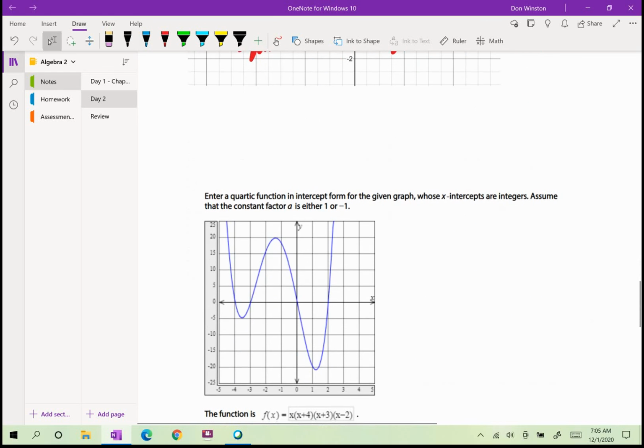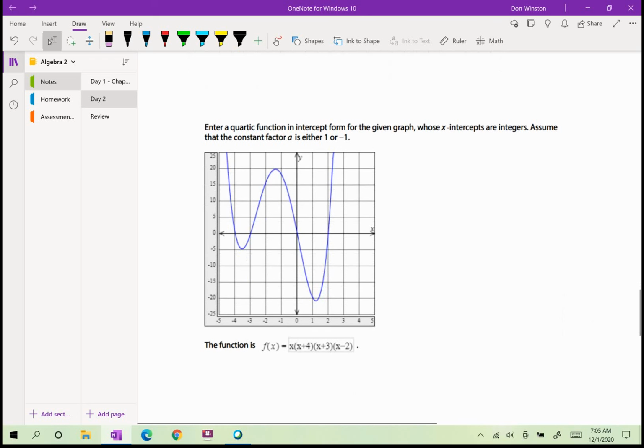Now, some questions that students had when they were entering this into Hawkes Learning Online. All right. With this one here, you want to enter a quadratic function in intercept form for the given graph whose x-intercepts are integers. Assume that the constant factor a is either 1 or -1. Okay, so when I take a look at this here, I see my zeros, so it's 1, 2, 3, 4.